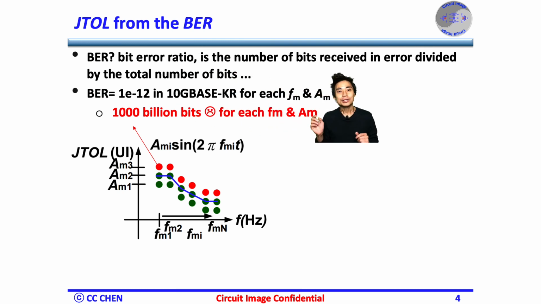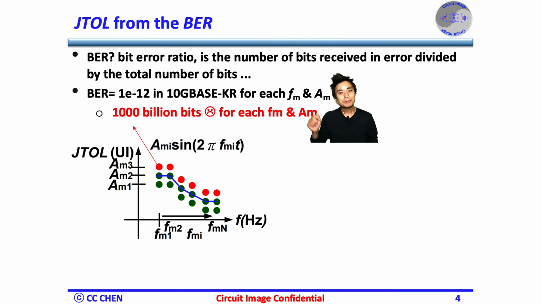We know the specification of the bit error rate in 10GBASE-KR is 1e-12. What does that mean? Right, we must simulate a total number of bits greater than 1e12, or 1000 billion bits, to have confidence that the 1e-12 bit error rate target was covered.